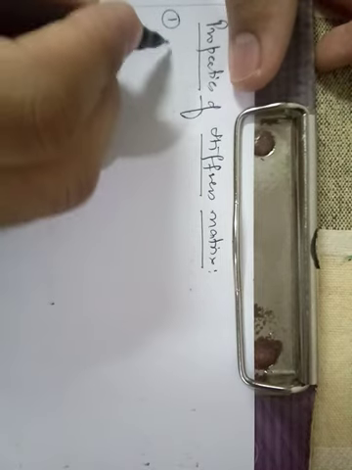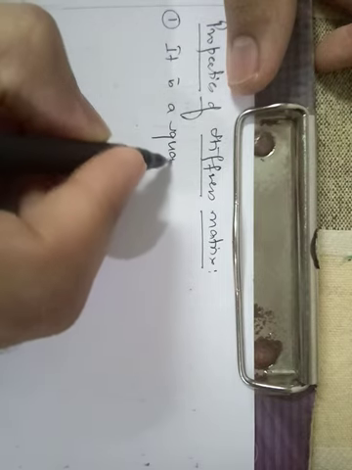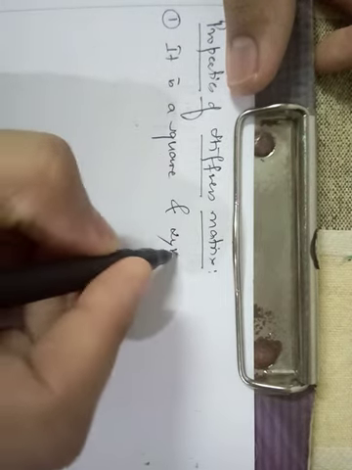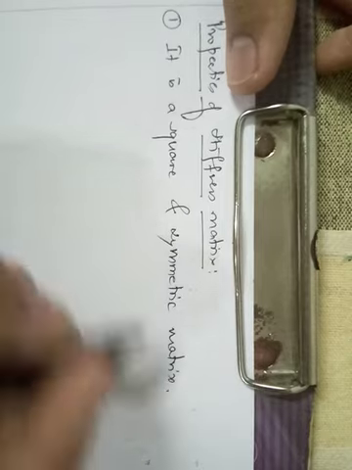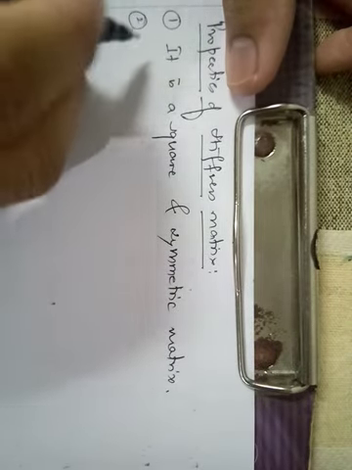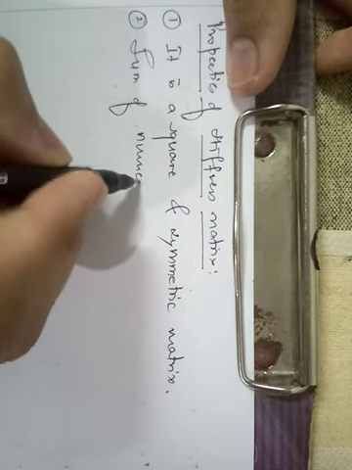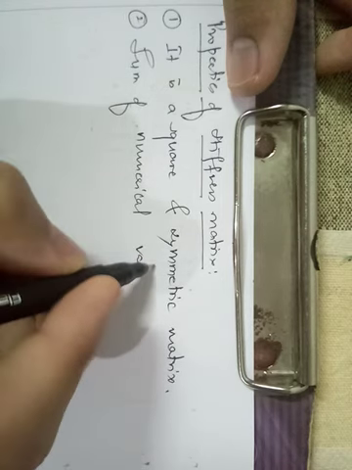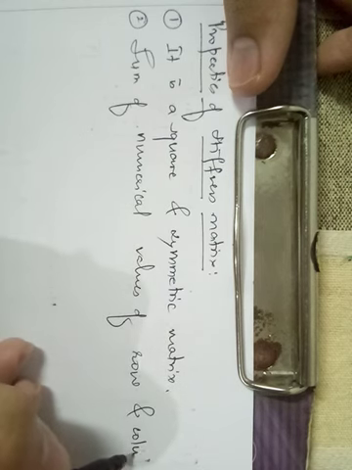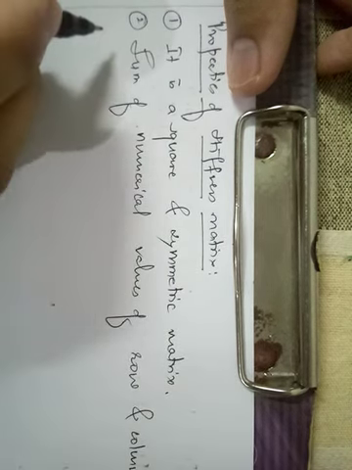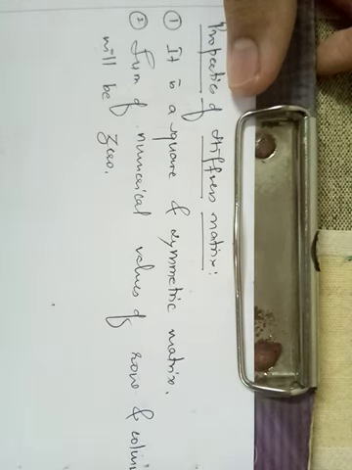So first one, it is a square and symmetric matrix. Second one, sum of numerical values of row and column will be 0.